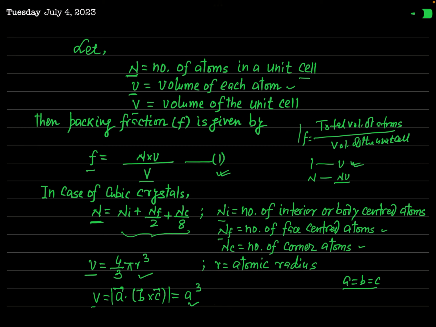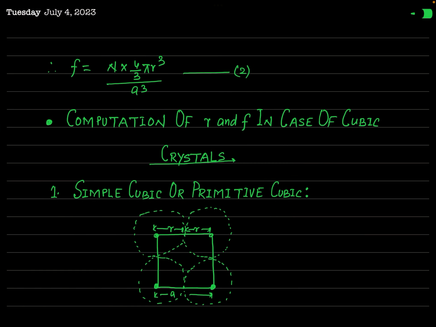Now we are going to see how we can calculate these two parameters in the case of the cubic crystal. As I have told you earlier, and you know already, a cubic crystal has three types of unit cell: simple cubic, which is also called primitive, face-centered, and body-centered.